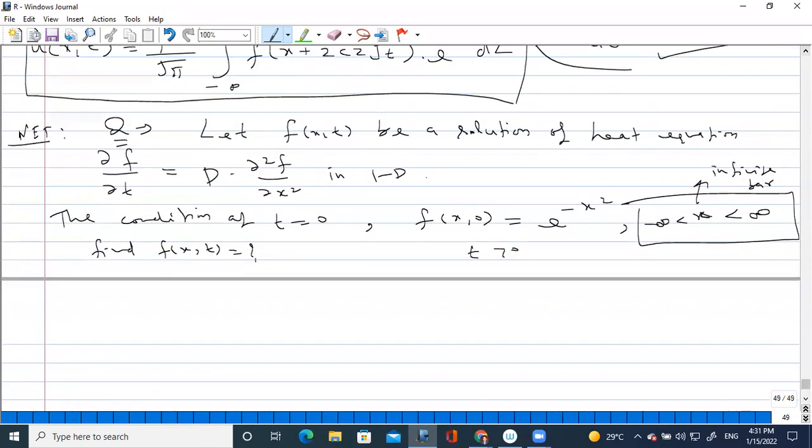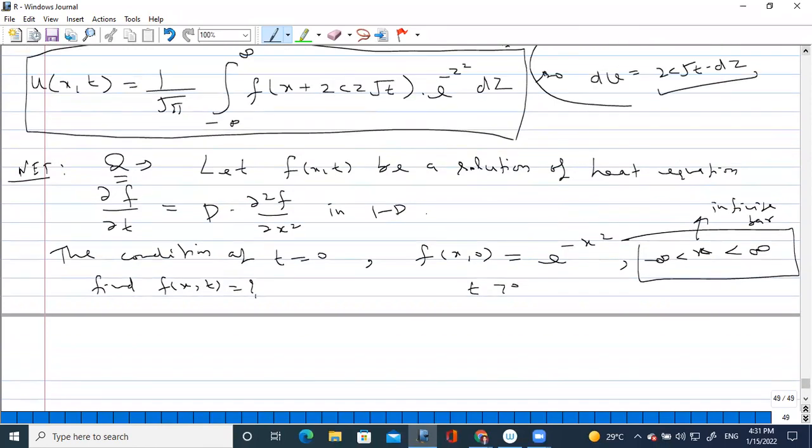So now, how to solve this? Directly I will use the formula, I told you, directly you use this formula, that's it.